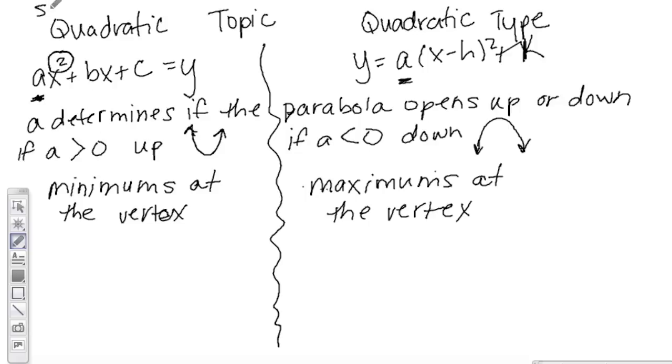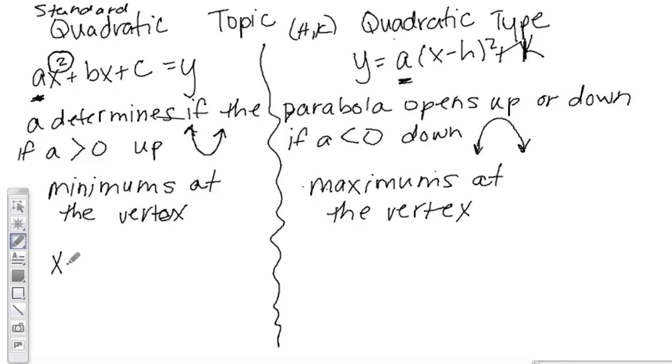So this is standard quadratic, and this is HK quadratic, or vertex form. Now there is a process that you can use in order to go from standard into HK form known as completing the square. That is covered in a different video. But I want to give you a quick way to find the vertex for both of these types.